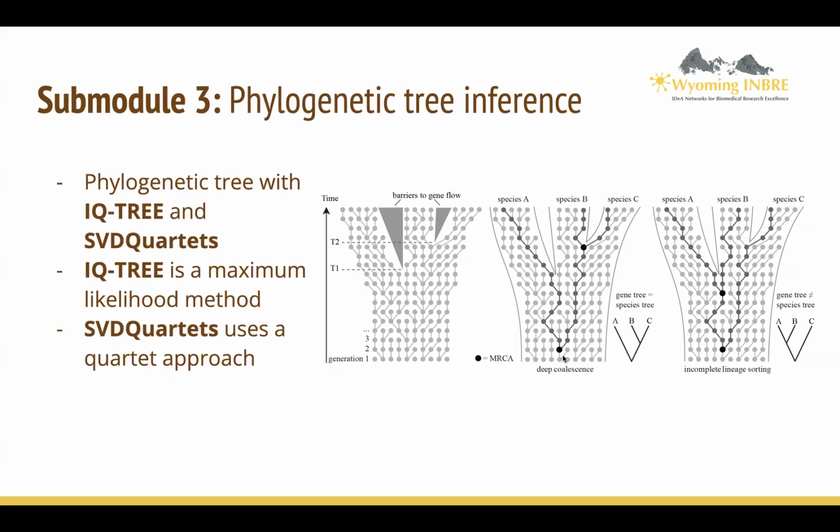We could have a case of coalescence where our gene tree reflects the species tree, or we can have this case of incomplete lineage sorting where the lineages have split in a different way than the species tree.